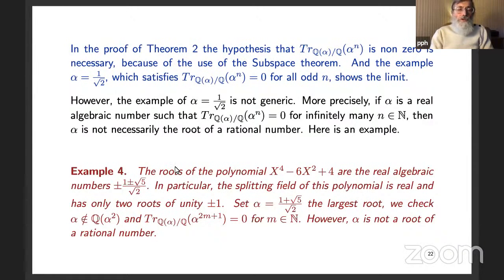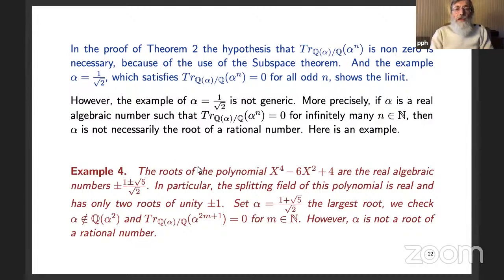And the roots are just those numbers, plus minus, because you see that only x^2 occurs in the minimal polynomial. So plus minus 1 plus minus square root of 5, over square root of 2. The splitting field of this polynomial is real and has only 2 roots of unity, which are plus and minus 1.